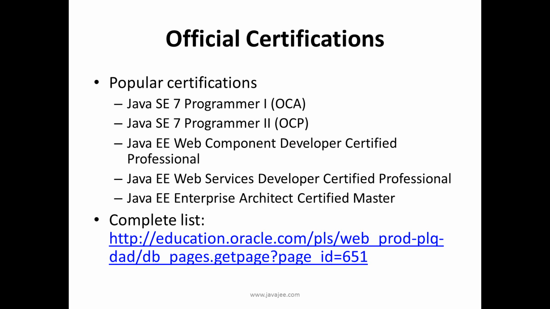Note that OCA and OCP are prerequisites for most of the exams, and OCA itself is a prerequisite for OCP. Previously, until Java 6, it was OCJP or SCJP, as we used to call before the Oracle acquisition. But from Java 7, the OCJP is split into OCA and OCP, and both of them are mandatory.